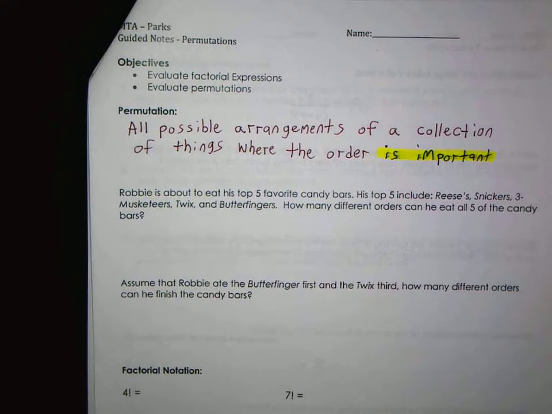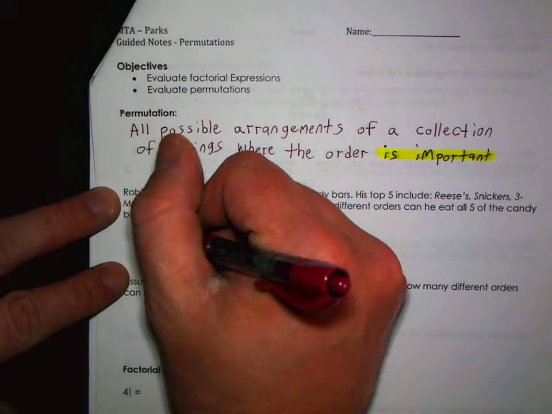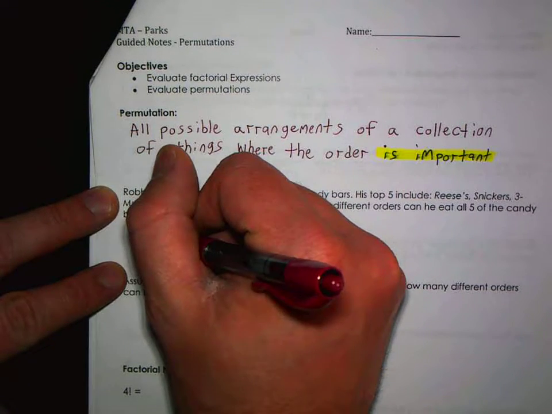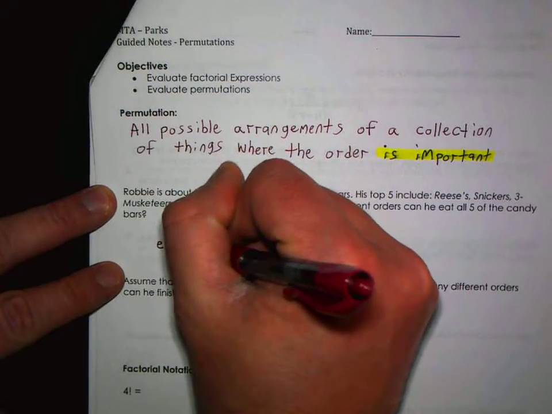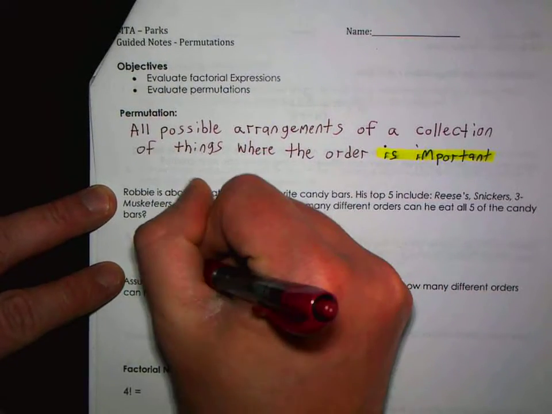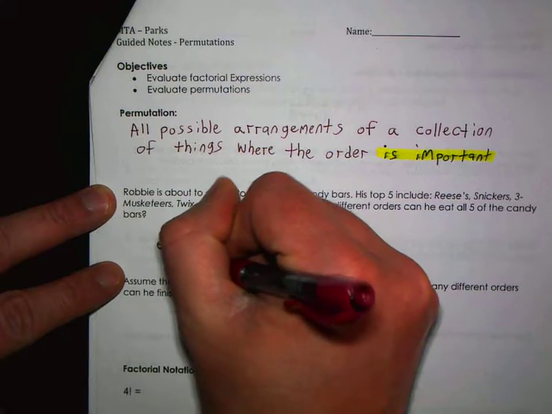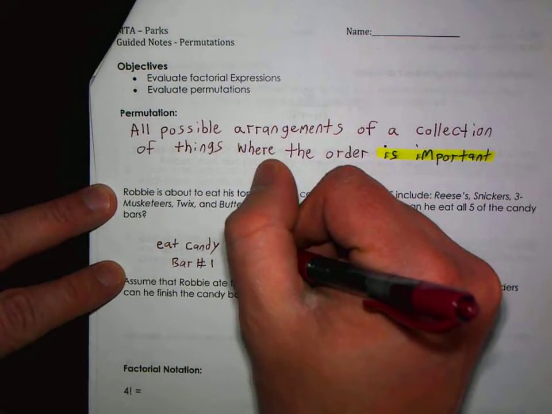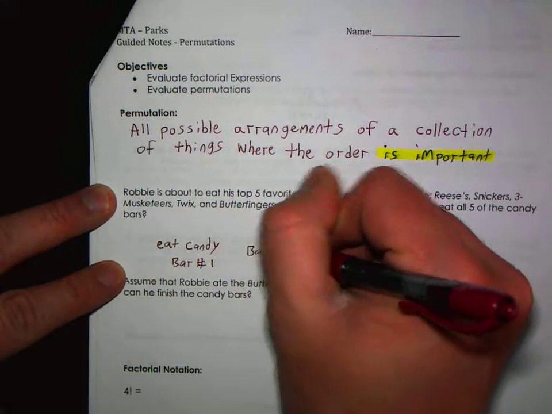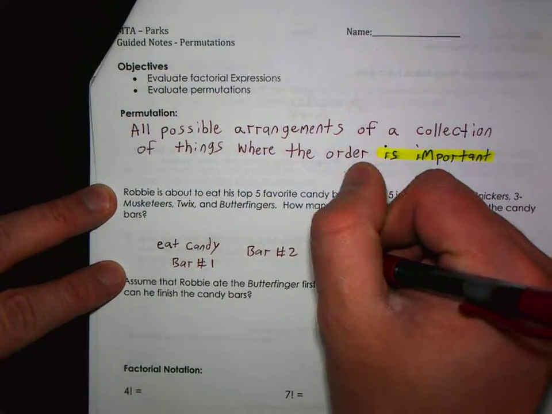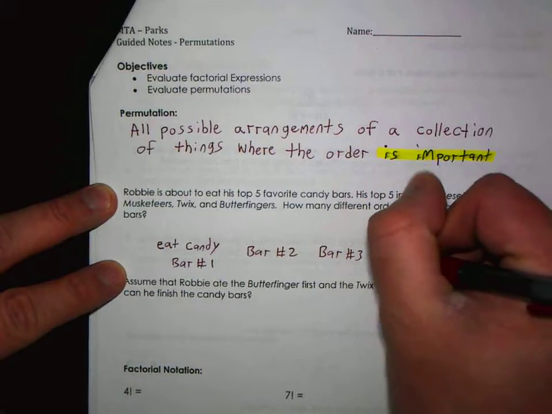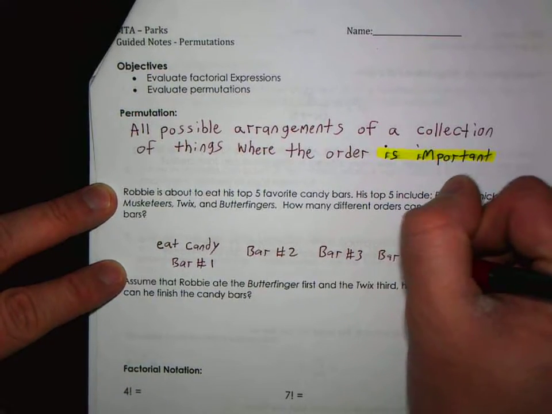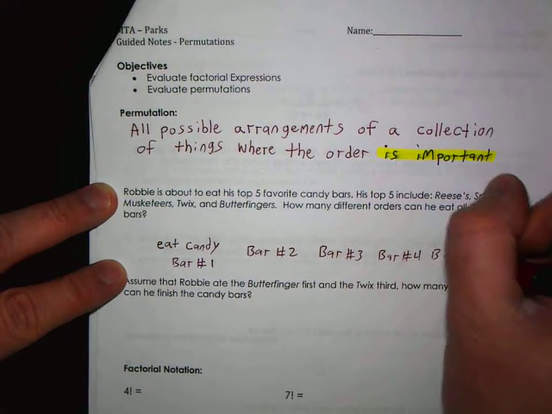Let's think about it. You're going to eat a candy bar. Then you're going to eat a candy bar number 2, right? And then you're going to eat a bar number 3, bar number 4, and bar number 5.